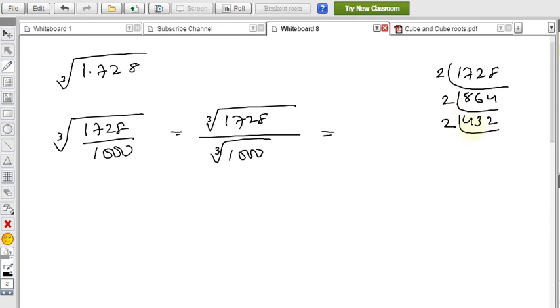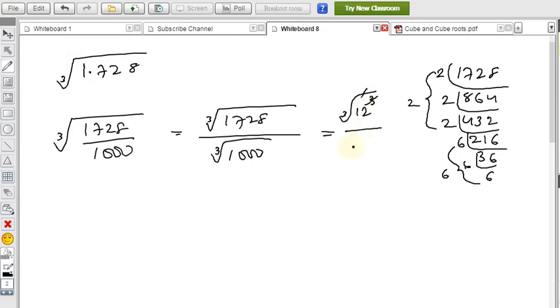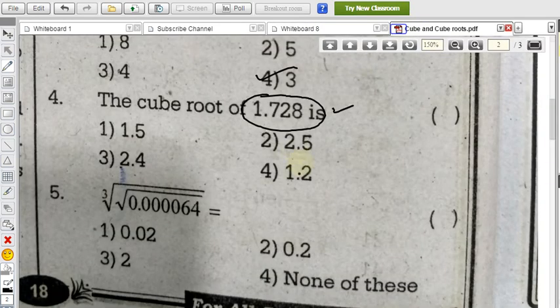Two table: 2 1 2 16. Directly can take the 6 table: 6 3s are 18, 36, 6 6. Instead of these two 3s, take 3 6. Three 2s and 3 6s, that is 2 into 6. So 12 cube. The cube root cancels. The cube root of 1000 is 10 cube. So 12 by 10. 12 by 10 is 1.2 if you convert it into decimal form. Fourth one, 1.2.